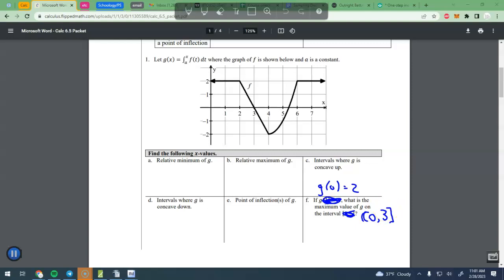See if you can find the maximum value and where it occurs.